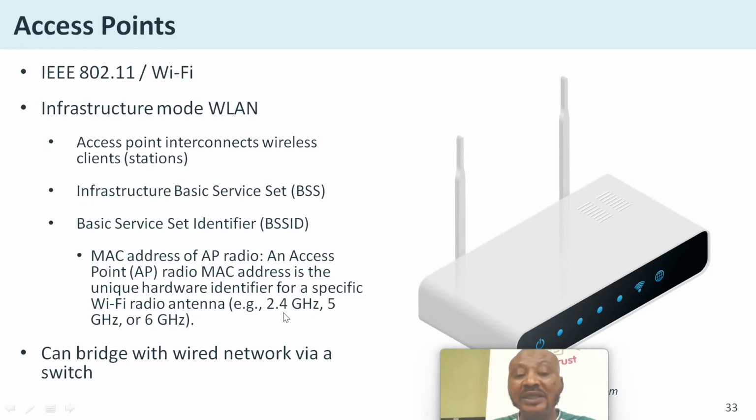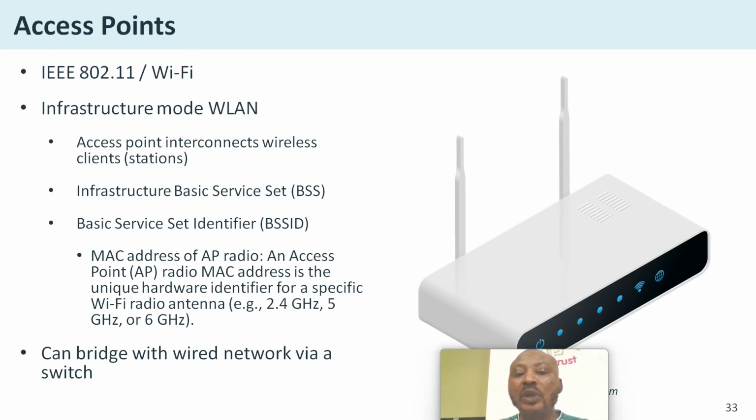It comes together with the frequency. Every access point has a frequency: they operate on 2.4 gigahertz, 5 gigahertz, or 6 gigahertz.